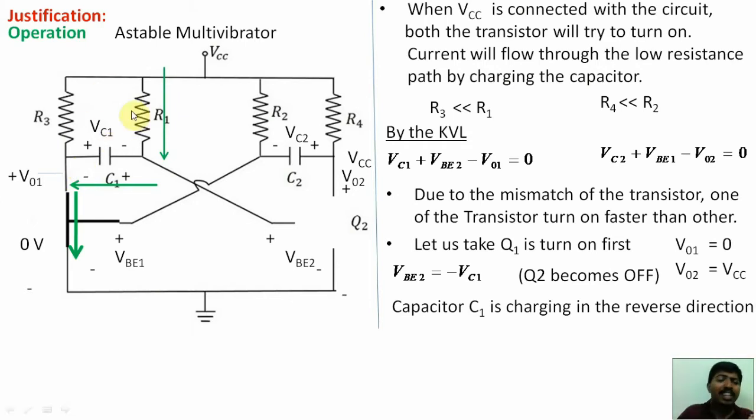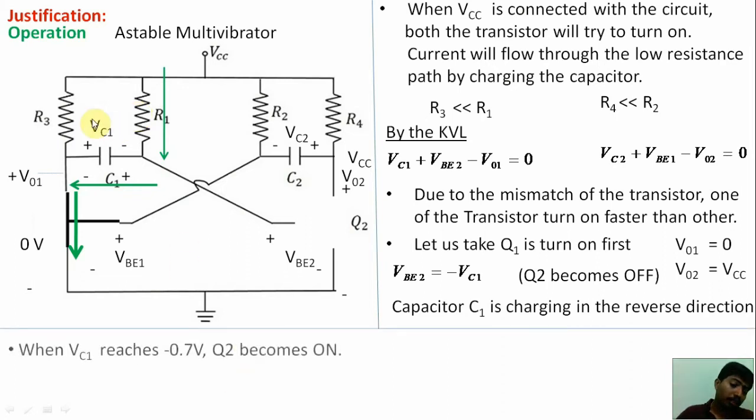When the voltage of the capacitor VC1 reaches minus 0.1 volt, 0.1 volt in the negative direction, the Q2 will turn on because VB2 goes higher than 0.1. If Q2 turns on, it will act as a short circuit. If it acts as a short circuit, what will be the voltage?